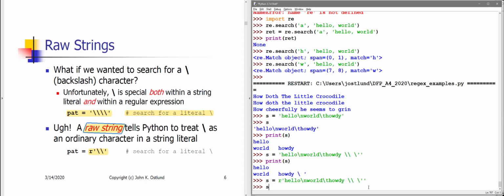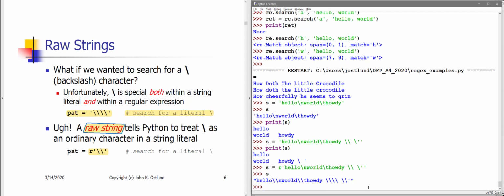Okay, interesting. So, in the internal representation, what Python chose to do was basically to treat these outer single quotes as a pair of double quotes, and then to store internally in the string each backslash as a pair of backslashes.